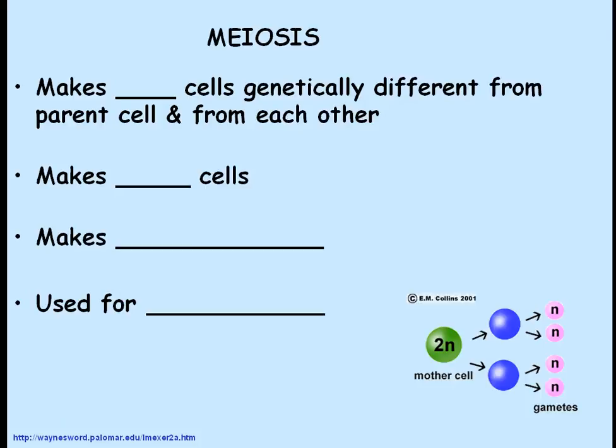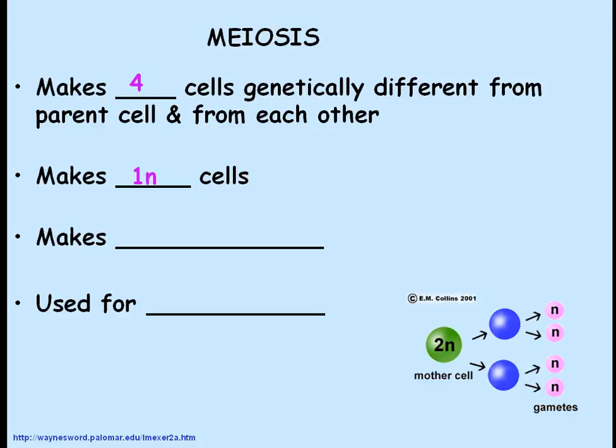Now, when we do meiosis, we are going to end up with 4 cells that are genetically different from each other and also from the parent or starting cell. Okay, and remember now, we want to have half the number of chromosomes because we are making sperm and egg cells. So meiosis will make 4 cells, or 4 haploid cells.